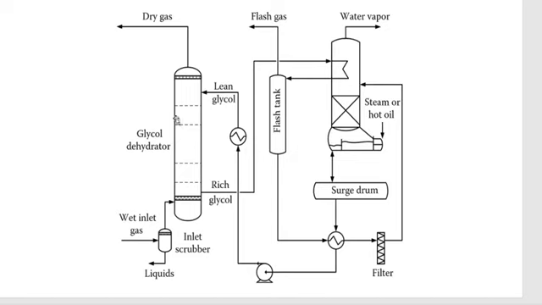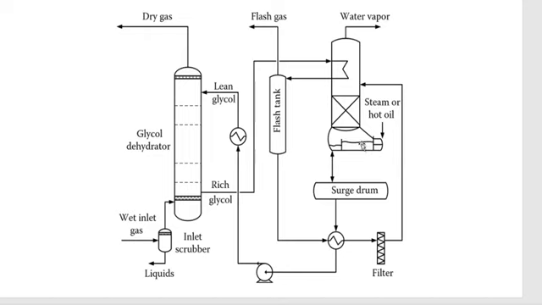Now, when we feed the rich glycol to the stripper and the reboiler here, if we raise the temperature to 480, what will happen here?